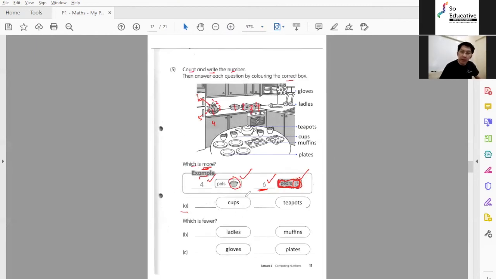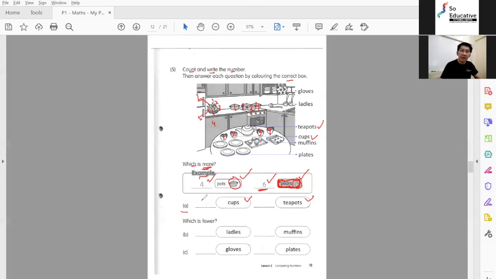Now, moving on to 5A. We have to count how many cups and how many teapots are there. So here are the cups. You can see the arrows pointing to that, and the teapots here. Okay, now let's count the cups first. 1 cup, 2 cups, 3 cups, and 4 cups.